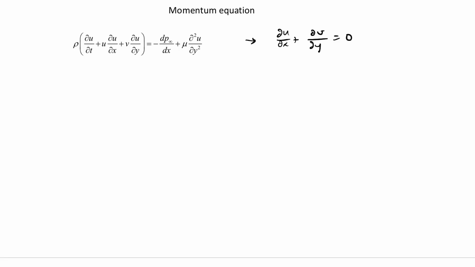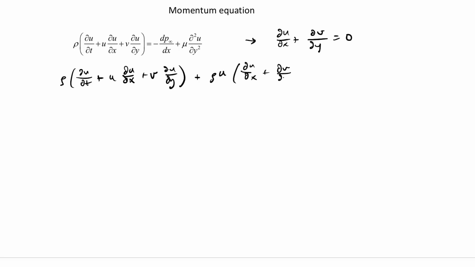So we end up rewriting this as follows, which is rho times the quantity du dt plus u du dx plus v du dy, plus this thing we're adding in, which we multiply by rho and u as well. So we're taking rho times u times du dx plus dv dy.